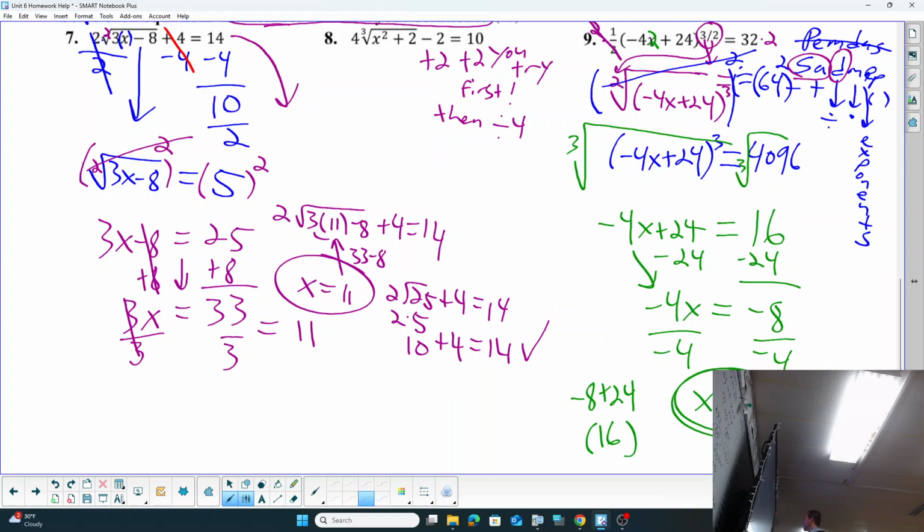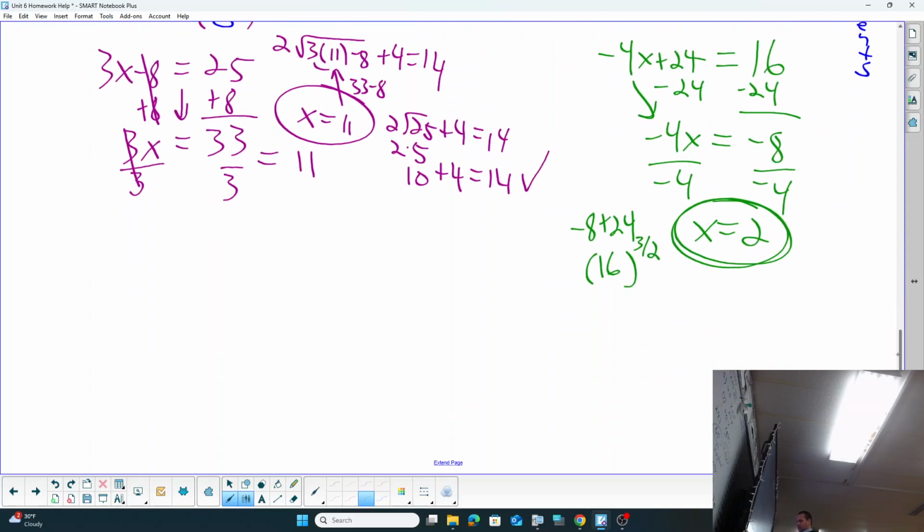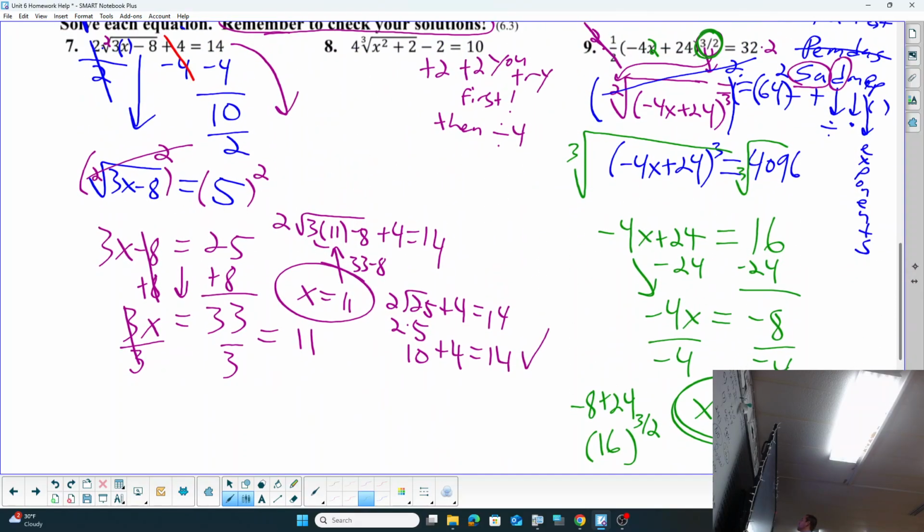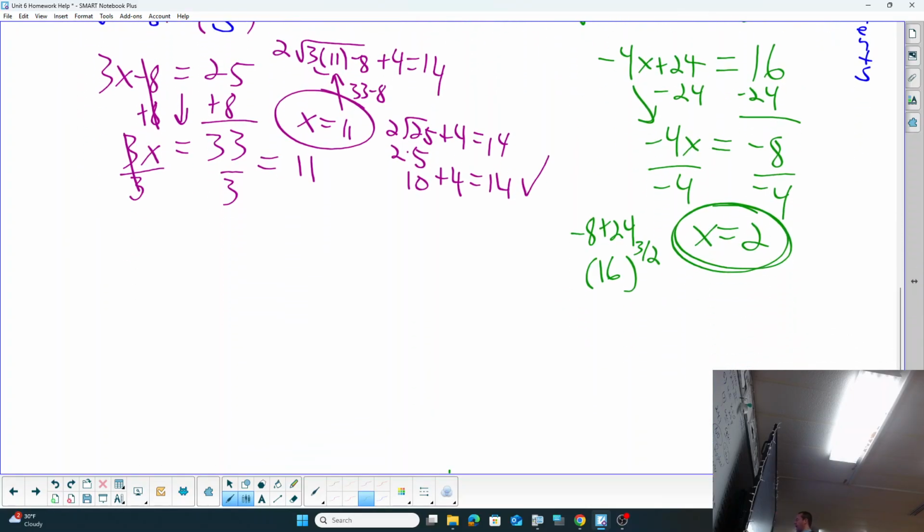And then 16 is to the 3/2 power. Right? So then we have to do 16 to the 3/2 power times a half. And we still have, yeah, so times a half. And then that's going to be 16, square root of 16 to the third power. Put the 3 on the outside. And the square root of 16 is 4.